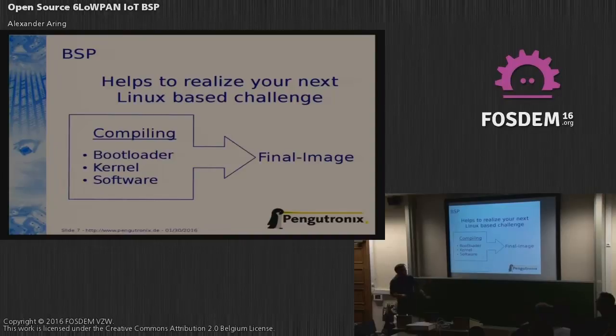Simple: check out the Git repository for the Viva kit, then type some shell commands, and at the end the final image will be produced, and you can flash it on your SD card. It runs everything: the bootloader and the kernel with special 6LoWPAN enabled features, and user-space software which is needed for 6LoWPAN and IPv6 stuff.